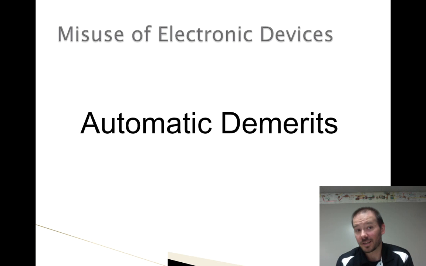But if I catch you misusing it, then I will just issue you an automatic demerit. It'll just be as simple as that. So be grateful that you can use your phones and your tablets and computers in my classroom, but don't abuse the privilege by doing what you're not supposed to be doing. Again, if you misuse your device, then a demerit will be coming your way.